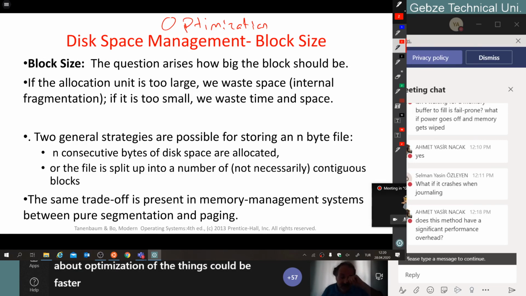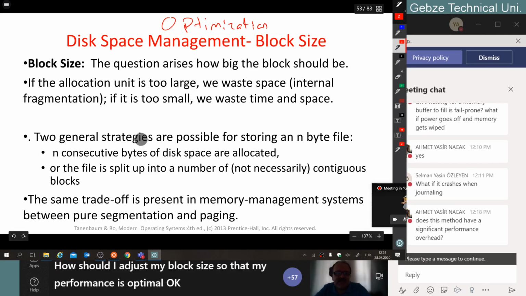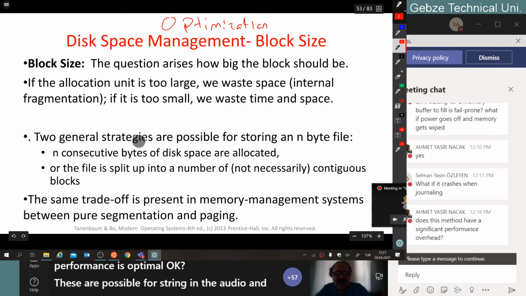So the first thing that we are going to discuss is the block size. How should I adjust my block size so that my performance is optimal? Two general strategies are possible for storing the data of an n byte file.